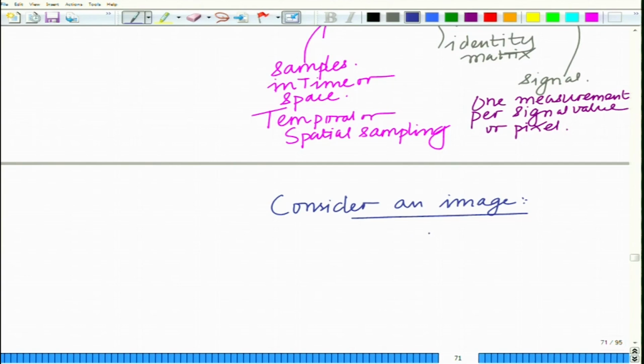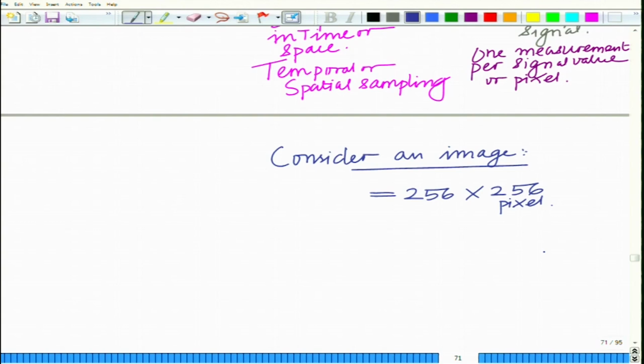Let us say it is a small image, a 256 cross 256 pixel color image.